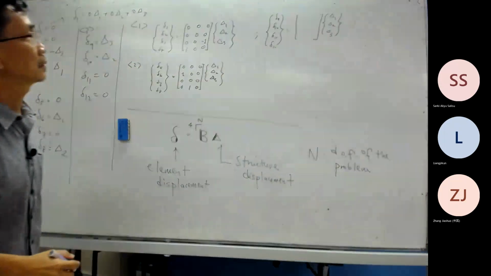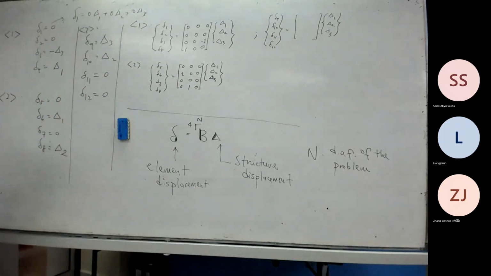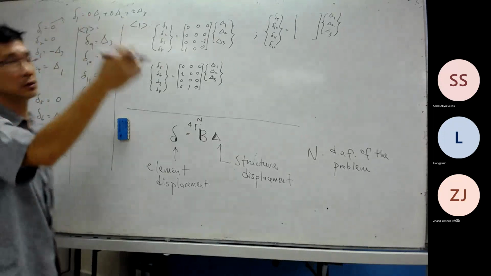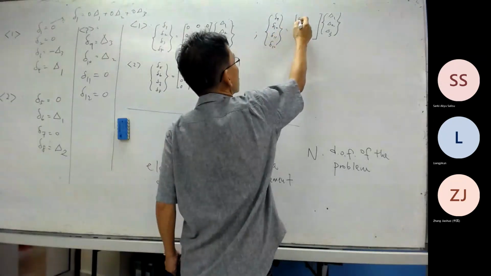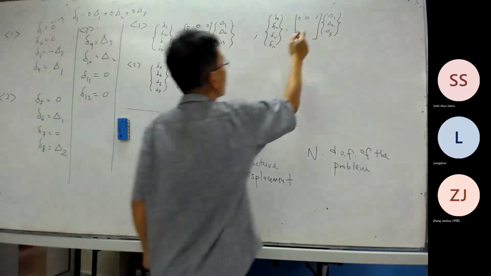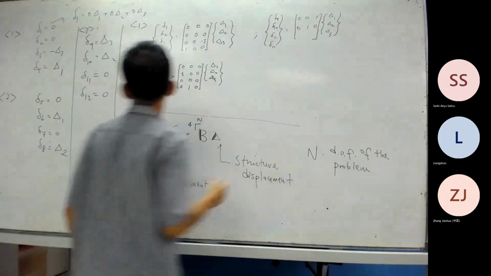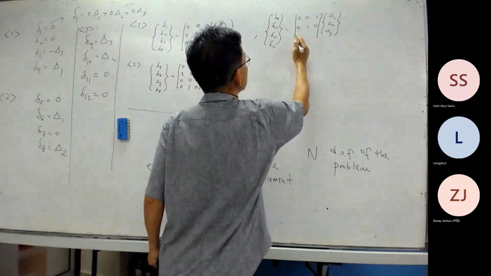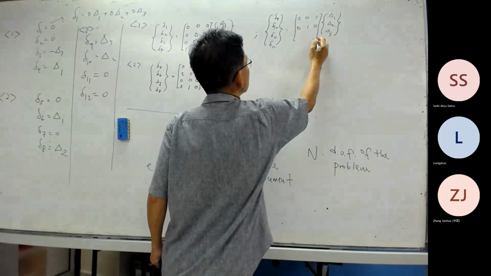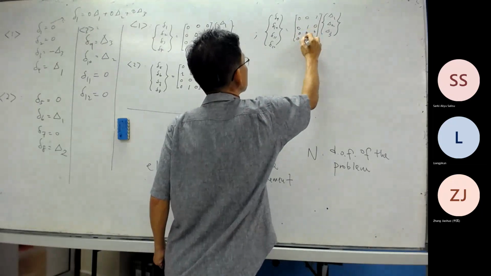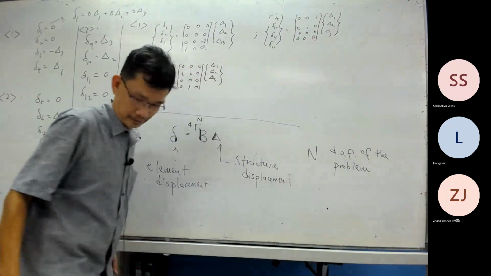So what is the content of that matrix? Delta 9 is delta 3, nothing to do with 1 and 2. So 0, 0, 1. This one is 0, 1, 0. This is 0, 0, 0, and the rest are all zeros.